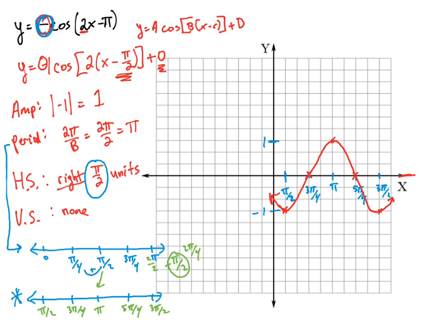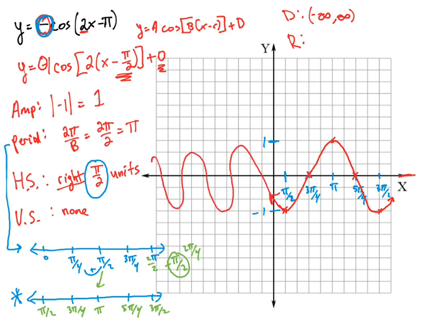Something that I failed to do on the last one, but I'll do it here. We want to discuss what the domain and range are for these graphs. The domain for any sine or cosine function is all real numbers. The graph continues going to the left and to the right forever. The graph just keeps bouncing back and forth.